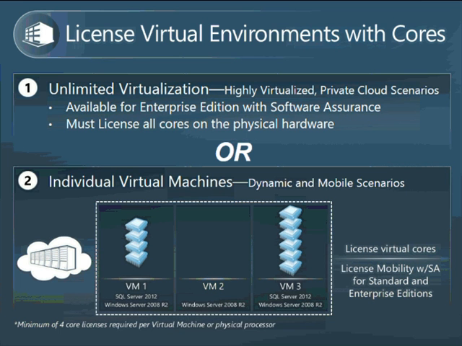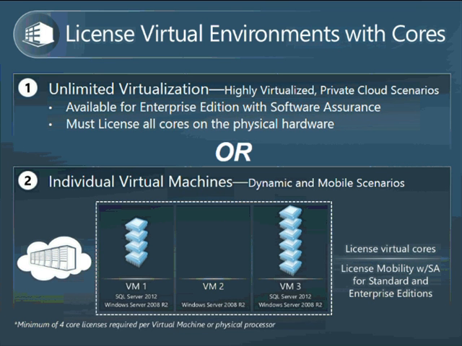If you license that with Enterprise Edition and Software Assurance, and you license all of the cores on the physical hardware, you get an unlimited number of virtual machines on that particular host. So for folks who are running SQL Server with a certain amount of density, if you get a number of virtual machines per physical server, this could be a very economical way of licensing SQL Server for you.